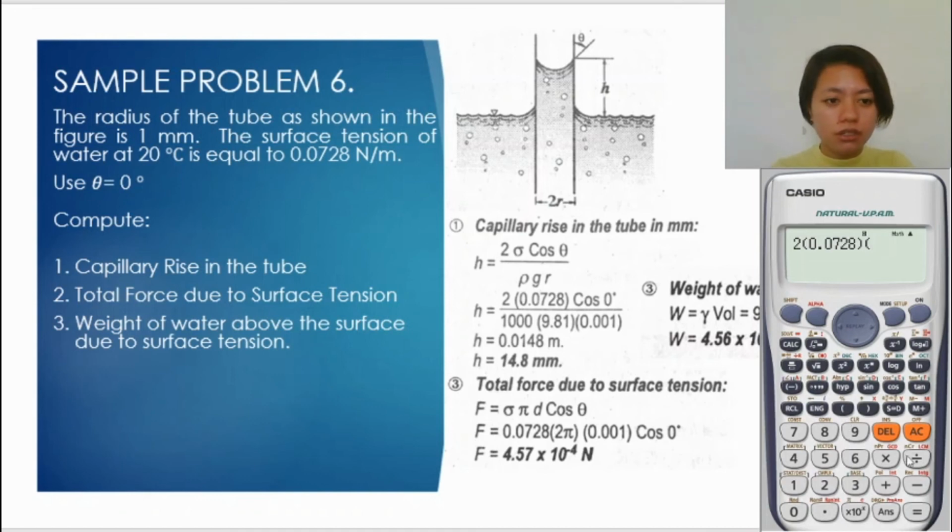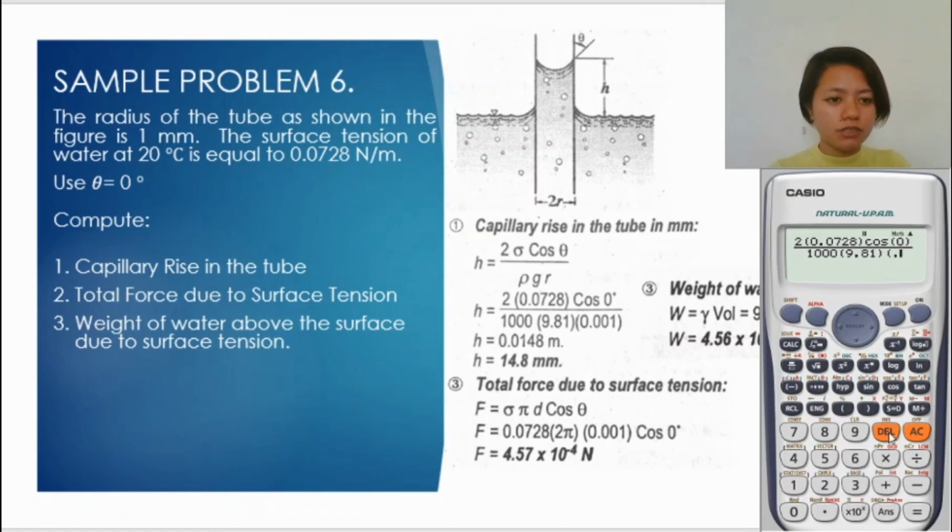Then since it is water again, cos 0, over the density of water, which is 1000, then times 9.81 for gravity. Then the 1 mm in terms of meter is 0.001.